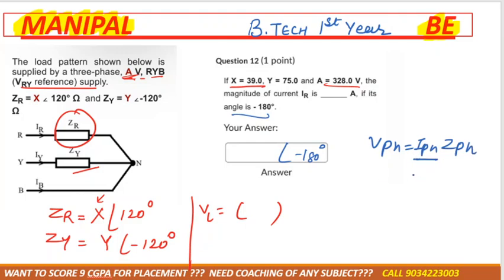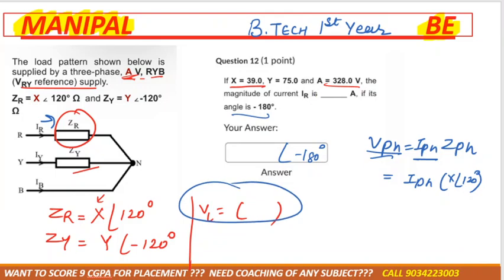In the star connection current is same, so IPH we need to calculate. Z, they are particularly asking for IR, so we'll take ZR. ZR value is given, that is X angle 120 degree. VPH is VL by root 3. Voltage they have given to you, that is 328 point something divided by root 3. Okay, so can you get IPH from here?